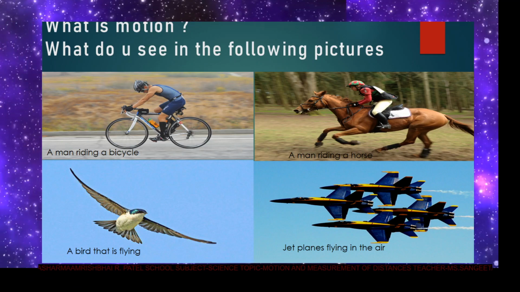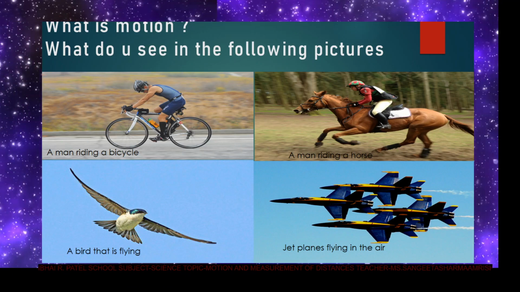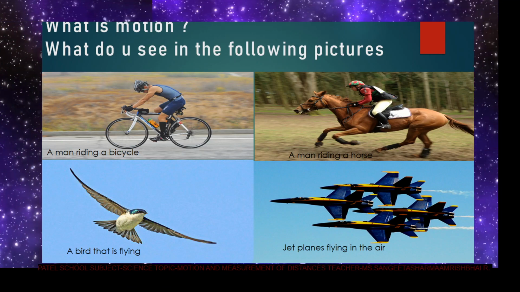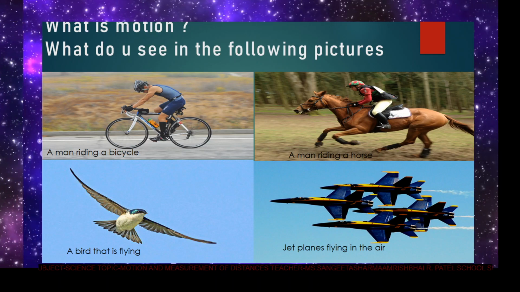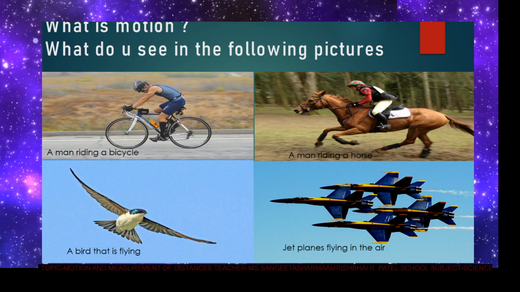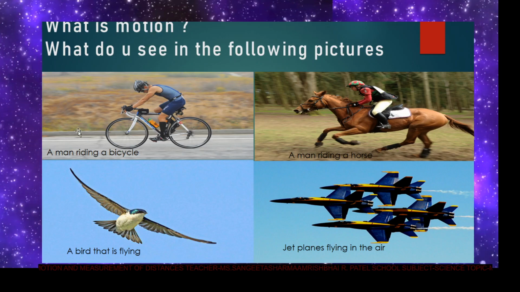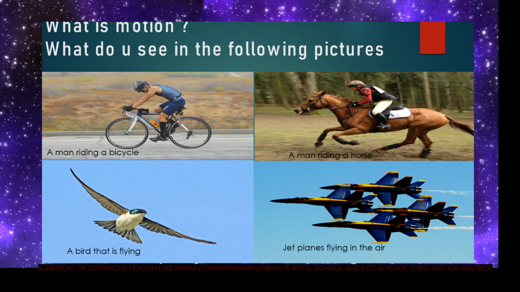Here you can see pictures in which a man is riding a bicycle or a horse, a bird is flying, and jet planes are flying in the air. You can see the motion. All are moving. All are going from one place to another. They are changing their position.